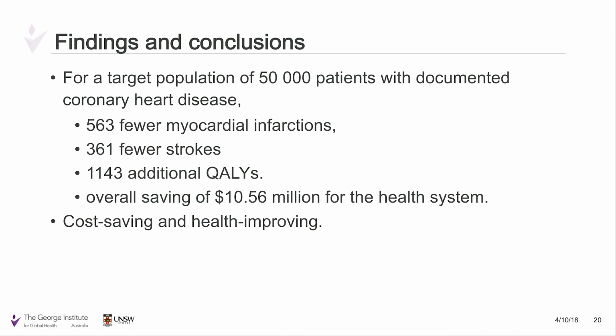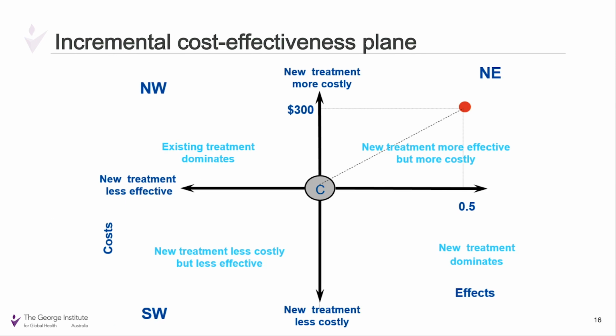So if we refer back to the slide earlier showing the incremental cost effectiveness plane, we had a new intervention sitting in the southeast quadrant. It was both less costly, because it saved money, and more effective than the status quo.